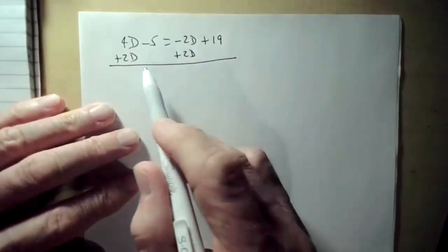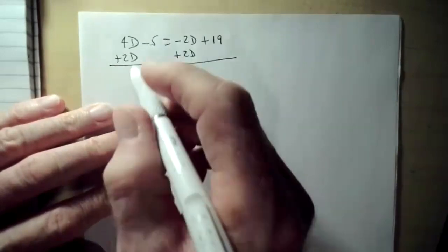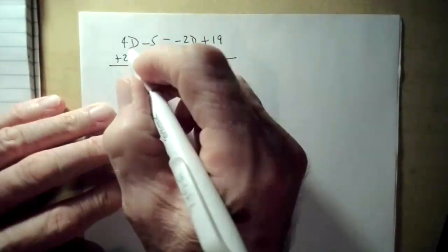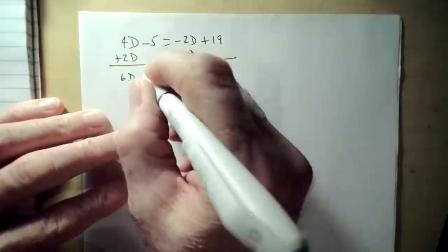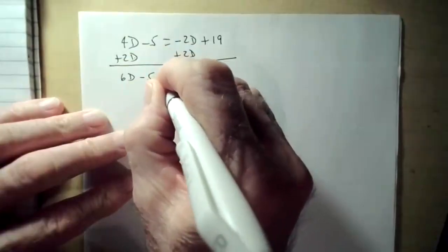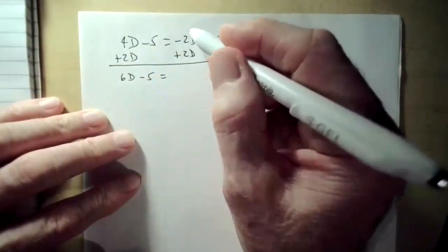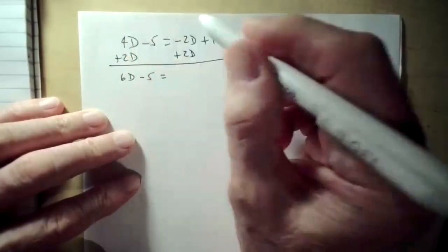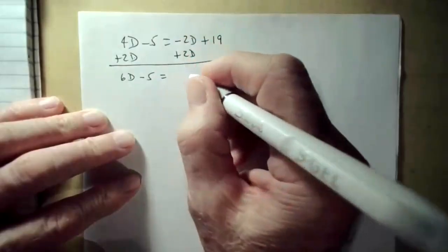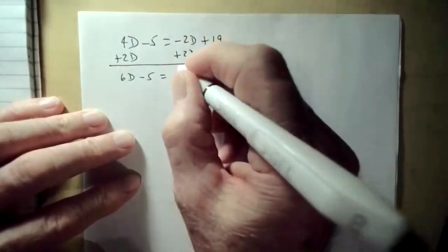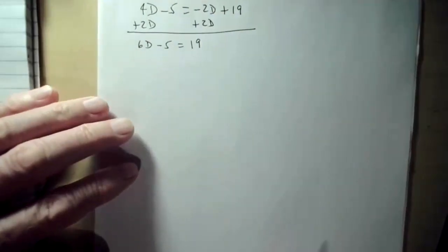Now that way we end up with positive numbers as much as we can. 4Ds plus 2Ds, what is that, 6? Minus 5 equals, any number minus itself is 0, and that's what we want. We wanted to move this over there. So that's 0. And we bring down the 19. Equals 19.